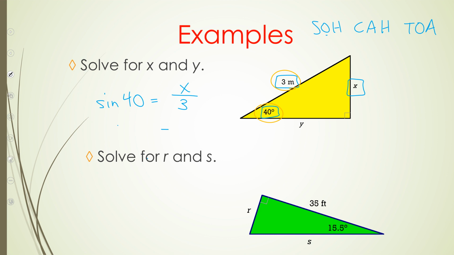Okay? Now, the reason this is a little different is because in the previous one we had the hypotenuse. So I'm going to solve for R first. I got this angle. I got this opposite side. I got this adjacent side. Which trig function is that?